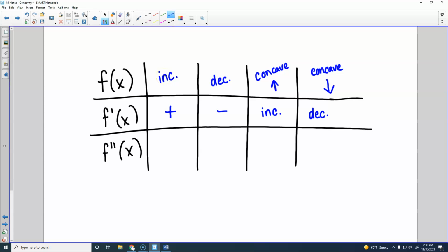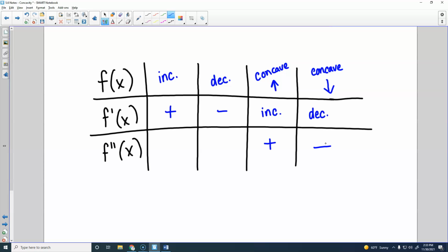So it does not confirm concavity at all. Knowing whether your derivative is positive or negative does not tell you concavity. But if my derivative is increasing, so if a function is increasing, its derivative is positive. The derivative of f prime is f double prime, so it must be positive. And if we know that f prime is decreasing, then f double prime would have to be negative.